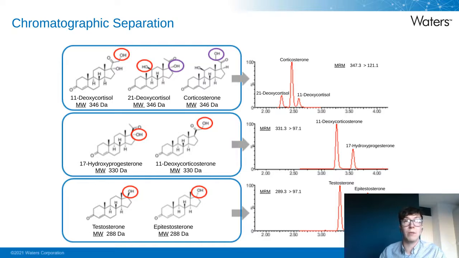The examples above are typical of the separation required for LC-MS analysis of steroid hormones, with separations of 11 and 21-deoxycortisol and corticosterone, separation of 17-hydroxyprogesterone and 11-deoxycorticosterone, and even separation of testosterone and epitestosterone.